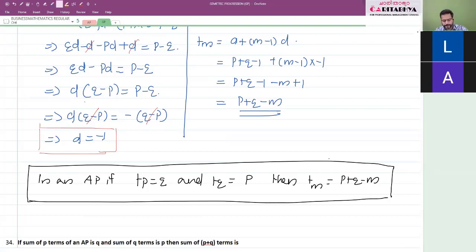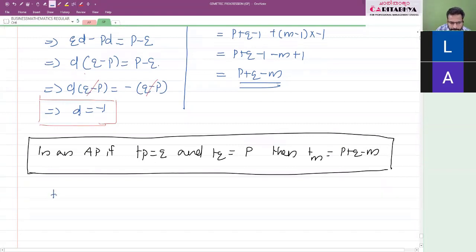So the box ഇടുക, ഒരു പ്രോപ്പർട്ടി അല്ലെങ്കിൽ ഒരു ഫോർമുല ആയിട്ട് തന്നെ പഠിക്കാതെ. സോ ഇങ്ങനെയൊക്കെ തന്നെങ്കിൽ നമ്മൾ ഇത് ഇത്രയും സ്റ്റെപ്സ് ചെയ്ത് ബുദ്ധിമുട്ടേണ്ട കാര്യമില്ല. TP is equal to Q and TQ is equal to P ആണെങ്കിൽ then ഏത് term ആണെങ്കിലും Tm is equal to P plus Q minus M. Clear property.